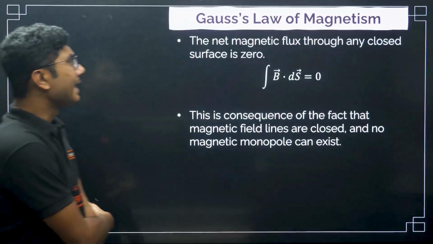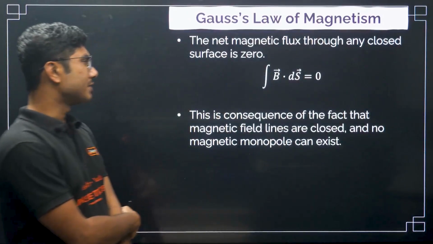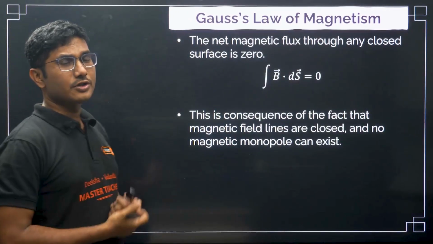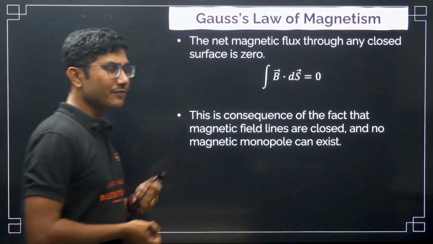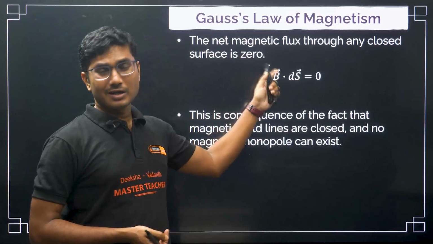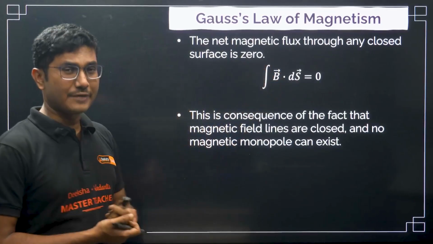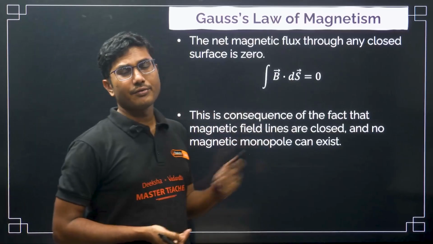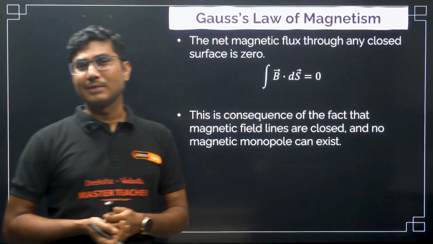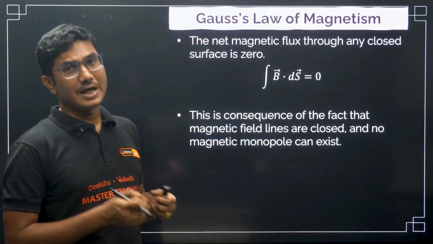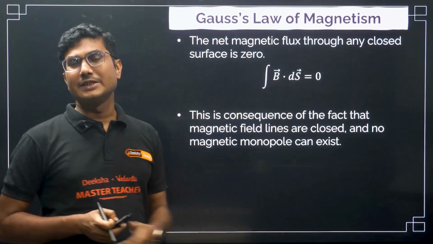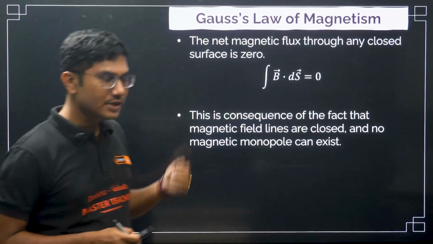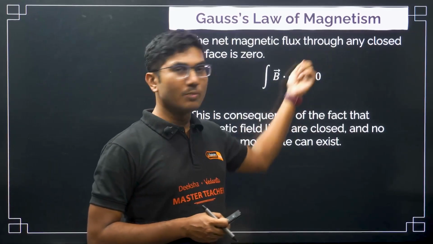Now, the net magnetic flux through any closed surface is 0. This is Gauss's law of magnetism. In case of electricity, the closed-surface integral of E dot dS was equal to q by epsilon naught, because a single individual charge can exist.